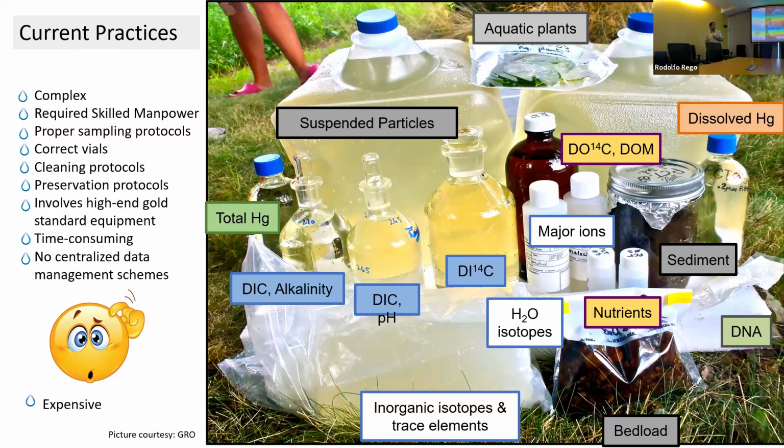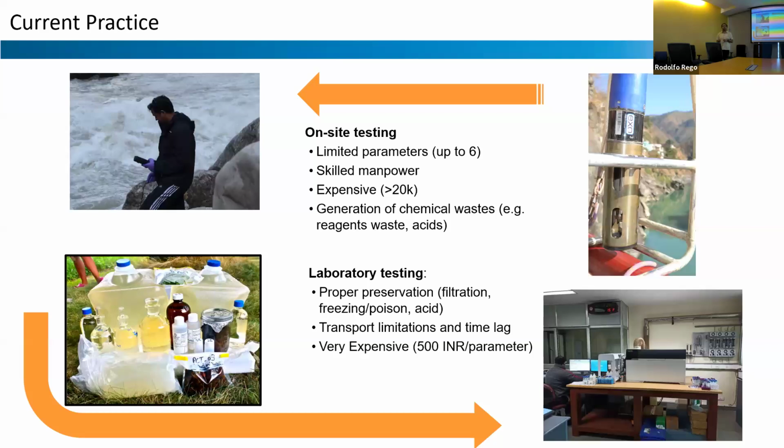Of course, it involves high-end equipment, there is no centralized data management scheme, and it is expensive. So this is where we asked whether there is a way to ease this scaling up. Of course, we are not producing research-scale data, but in order to do monitoring at a large level, you really don't need 1% precise data to understand whether the source is good or not.